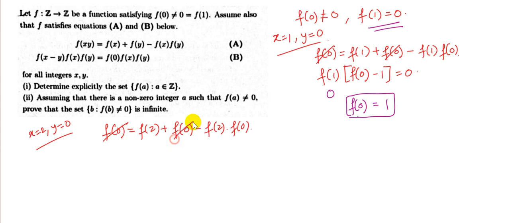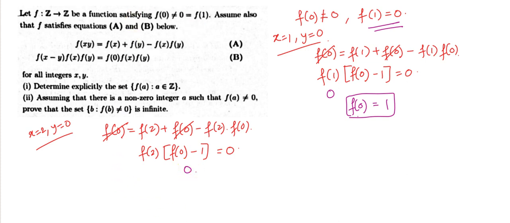So we cancel this out and we get f of 2 times (f of 0 minus 1) equals 0. So that means f of 0 minus 1 equal to 0, which means this is equal to 0.